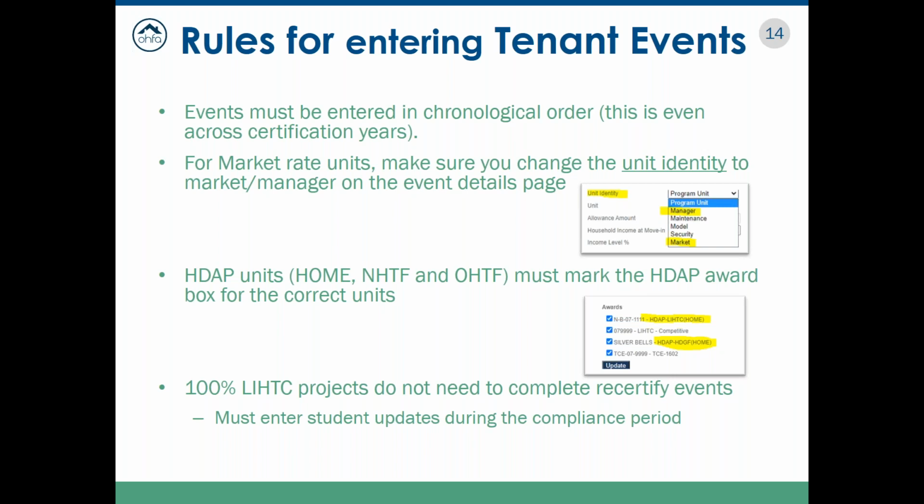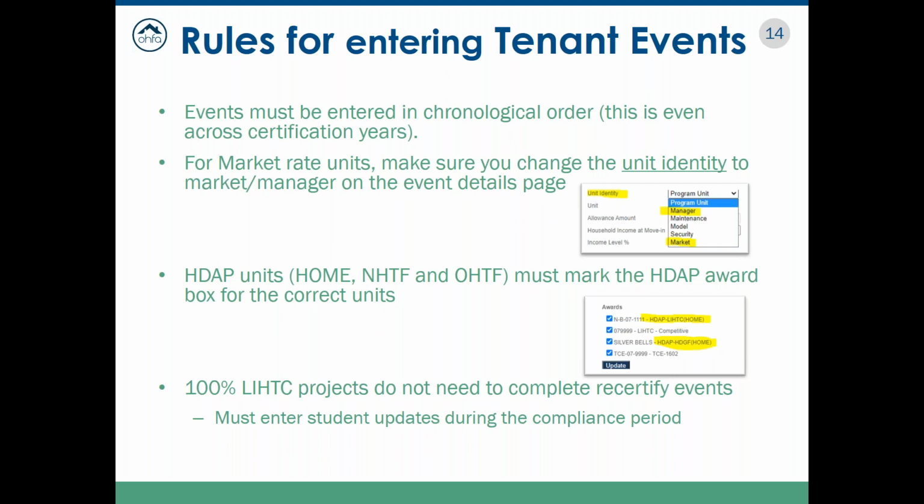There is no other event in this year. That's probably because someone has already entered some 2022 event in the system. You would have to go into that 2022 year, delete that event in order to enter in your 2021 information first. Again, this does go across all certification years. So make sure things are entered in order. You may have to delete some events.